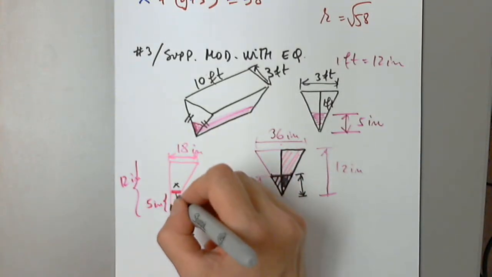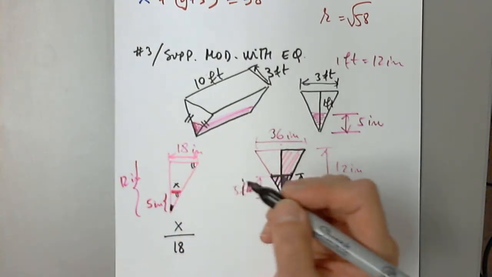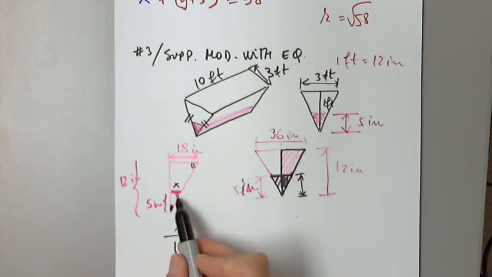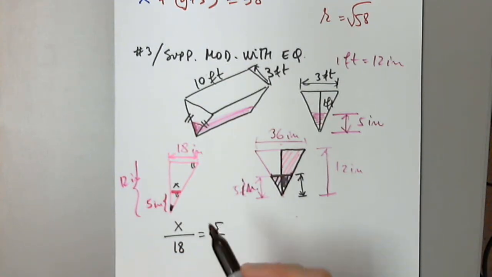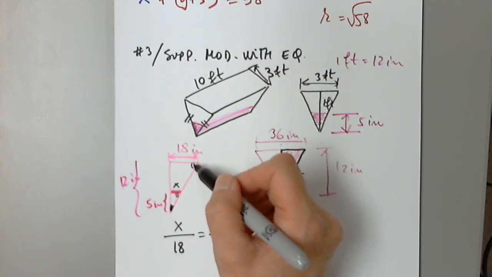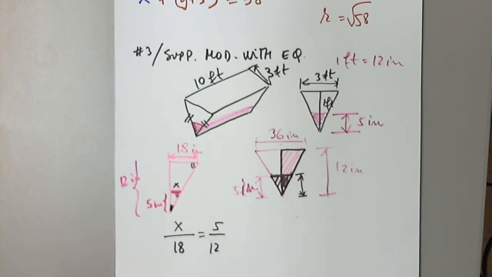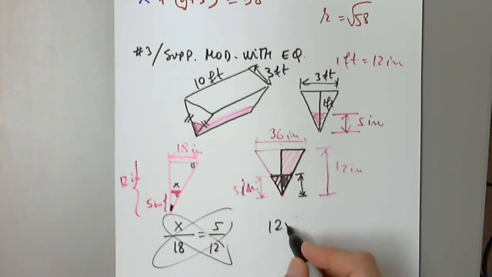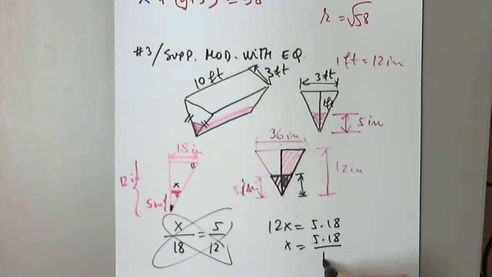So now these two angles are identical. In the small triangle, the opposite side of this angle is 5. And the same angle in the big triangle, 12. Now this is a proportion, so we cross multiply. So then 12x equals 5 times 18, and x equals 5 times 18 over 12.